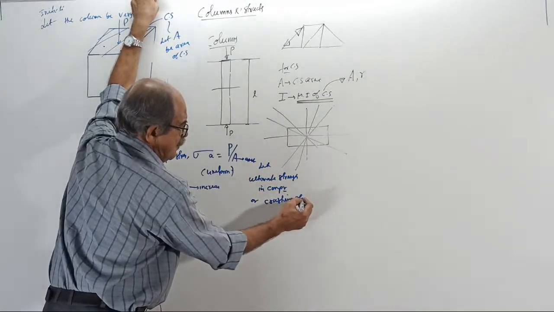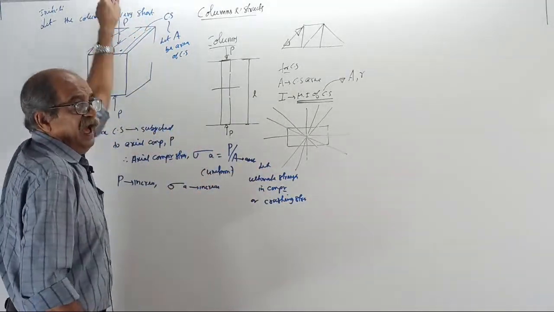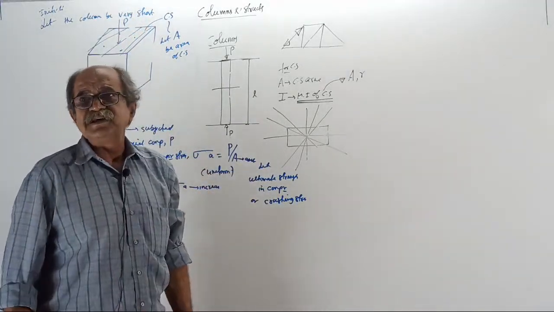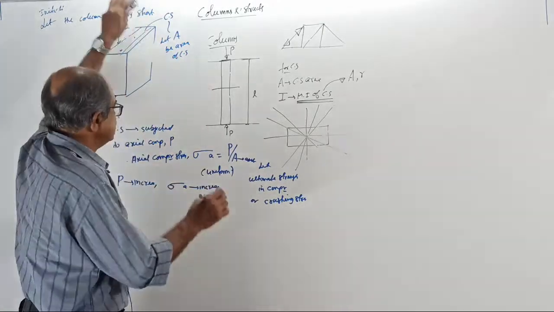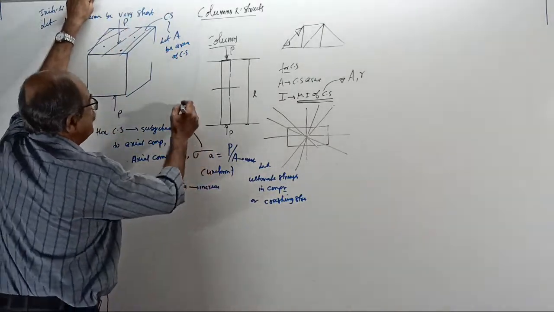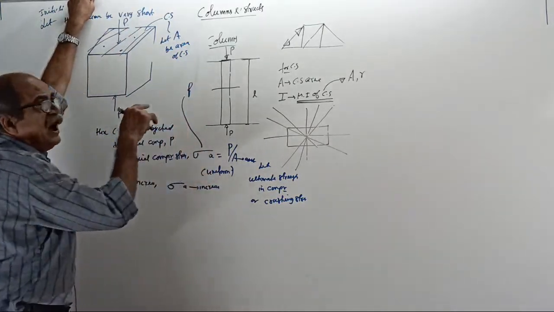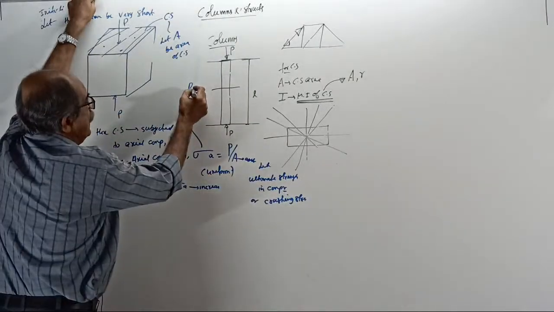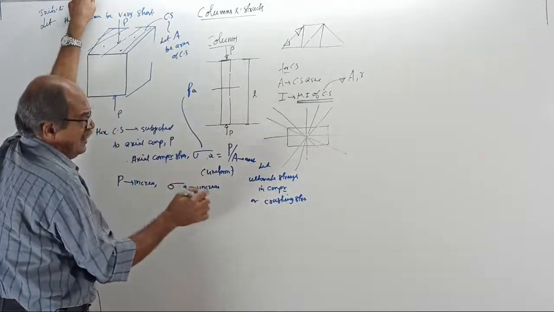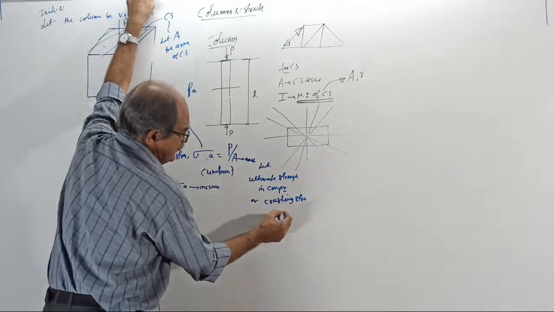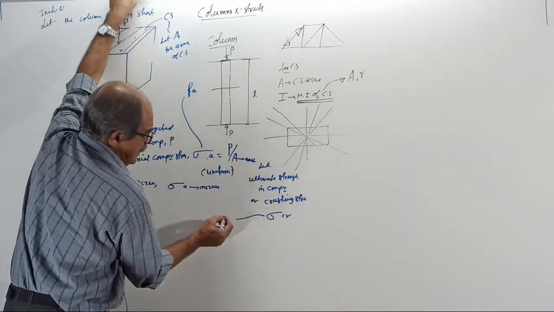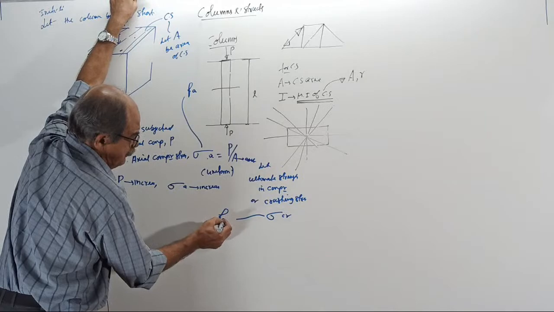Now see, as per IS code, stresses are not called sigma, they are called F. So when you change to RCC or steel, you have to call it FA. Here sigma A; crushing stress, sigma CR, or in RCC or steel, FCR.